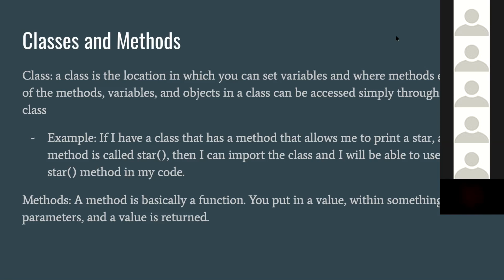Let's take an example of a car. If I want to make a car, I would have a blueprint for it, and inside that blueprint I would put different attributes of it. So I'd put wheels 4, and that's a variable. Or something else like color black. So inside a class, I'd put all this information.